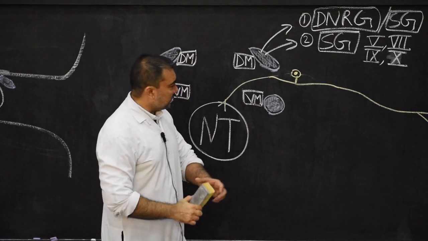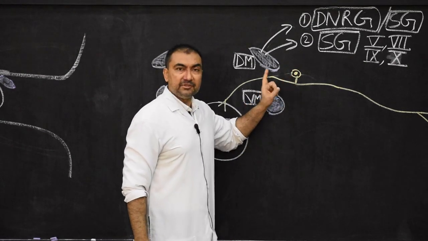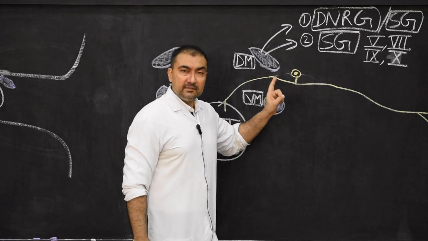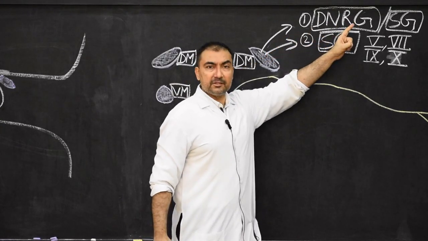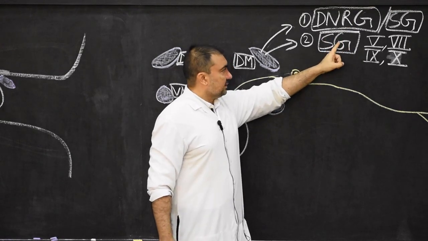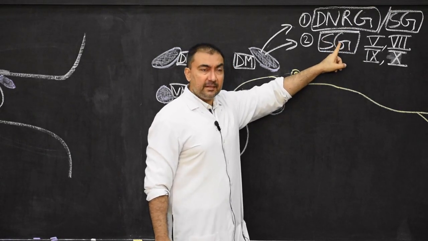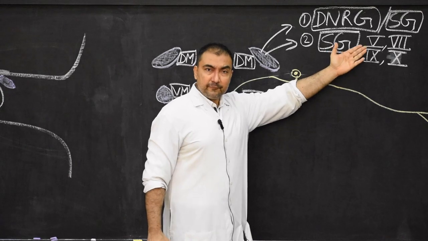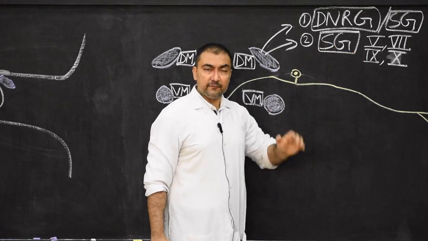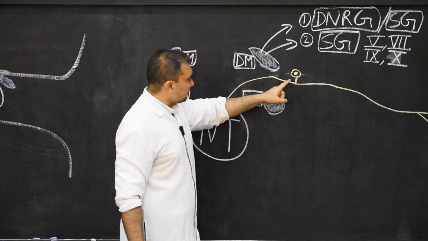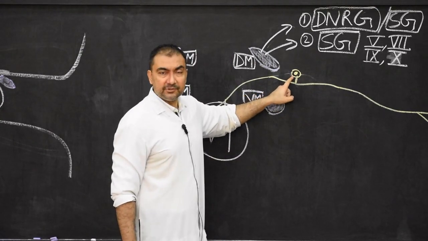So from bipolar it becomes pseudo-unipolar. This is the shape of the neurons present in the dorsal nerve root ganglia or spinal ganglia, as well as most of the sensory ganglia of the cranial nerves, that is, the trigeminal, facial, glossopharyngeal and vagus nerves. In this way the shape of the neuroblast cells will become pseudo-unipolar.